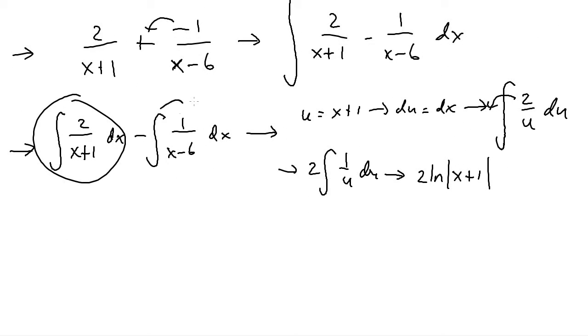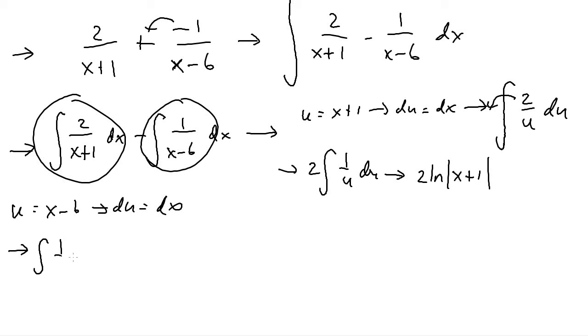Now with the integral of 1 over x minus 6, same process: u equals x minus 6, so du equals just dx. When I plug that in, I get the integral of 1 over u du, and that's just the natural log of u, and u is equal to x minus 6.